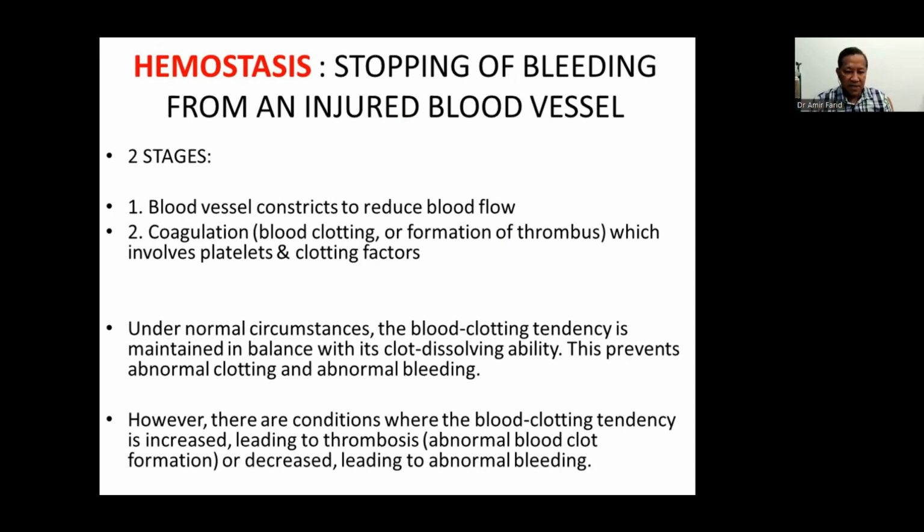Under normal circumstances, the blood clotting tendency is maintained in a delicate balance with its clot dissolving ability. This prevents abnormal clotting and abnormal bleeding.